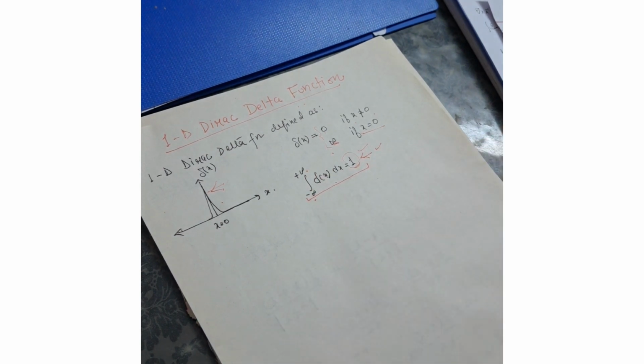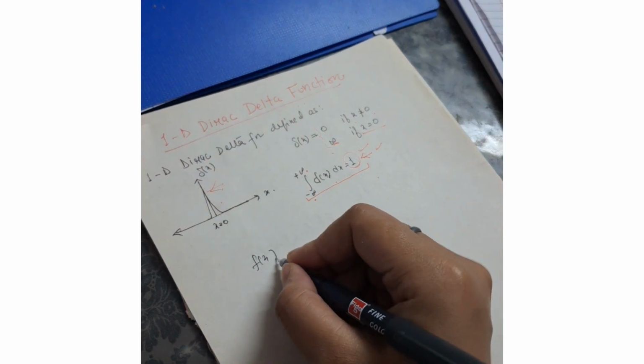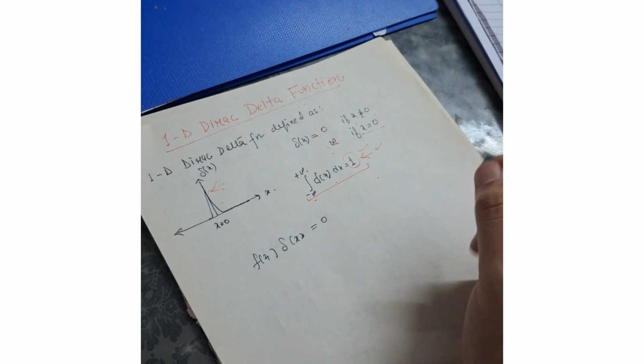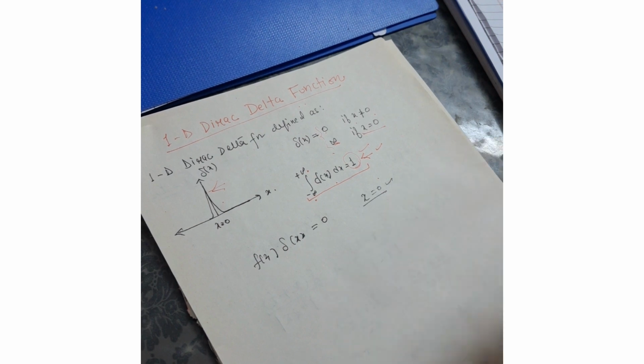Now let us define a function f(x). Then its product f(x) delta(x) is equal to 0 everywhere except at x equals 0.